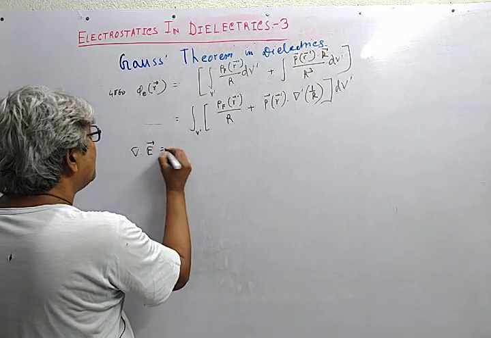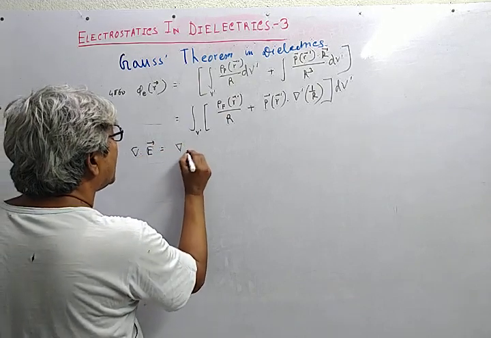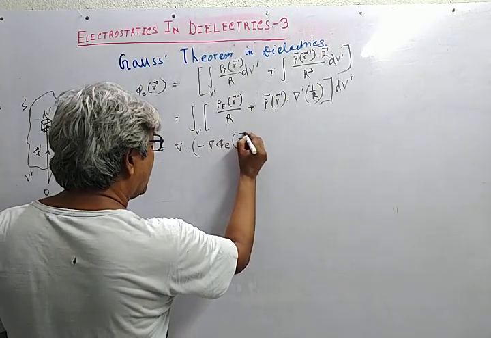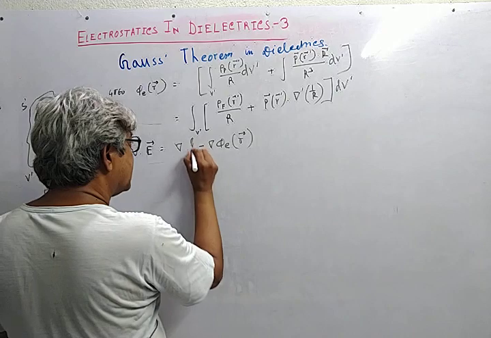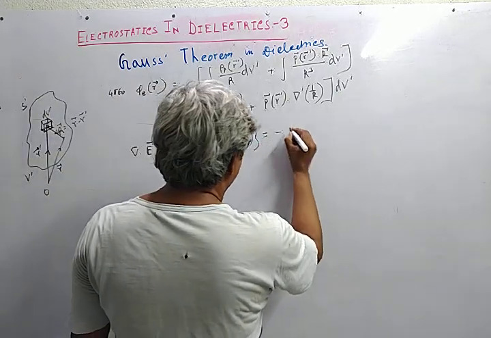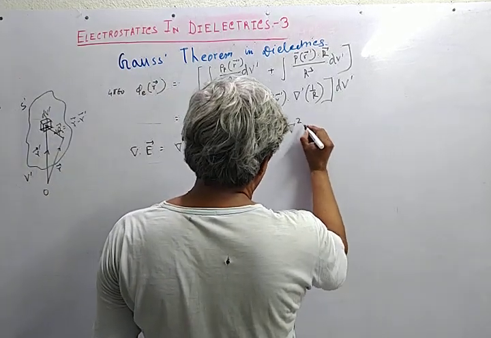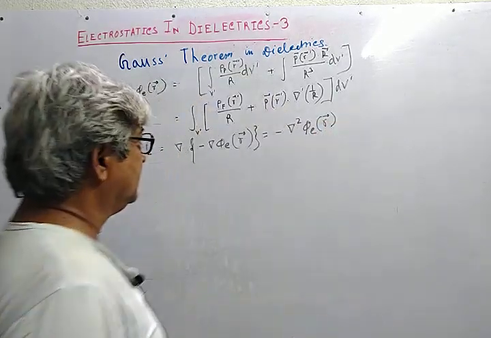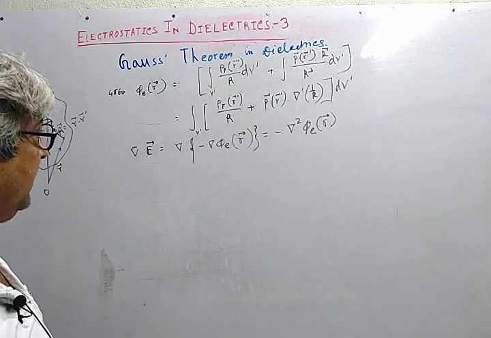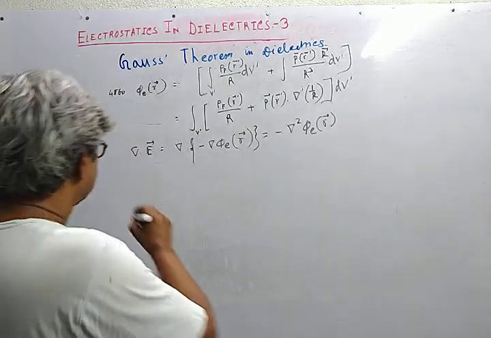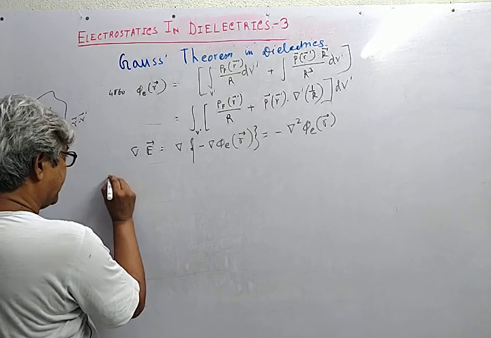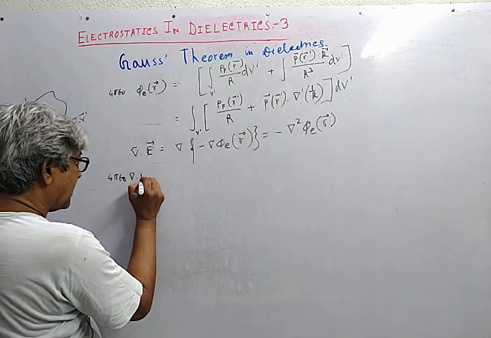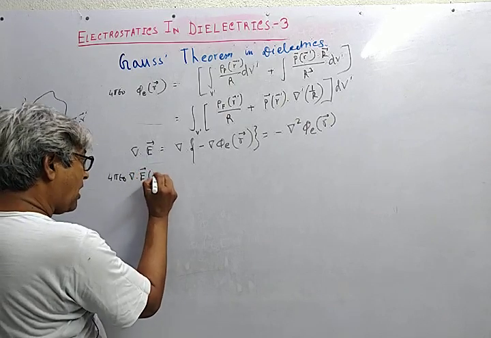Divergence of E, and we know that it is the divergence of minus grad of phi, E at r. In that sense, it is minus... so the divergence of E, and if we take this 4 pi factor, multiplied on this 4 pi epsilon 0 times divergence of E at r.